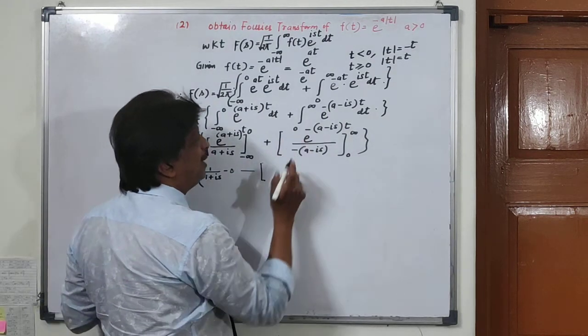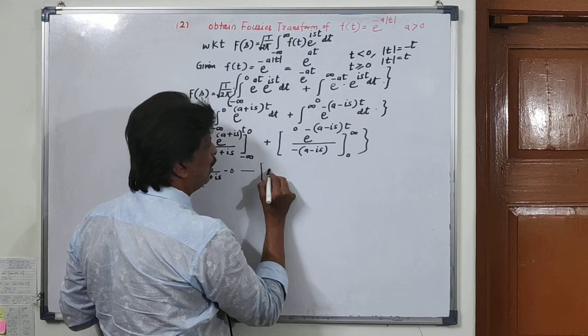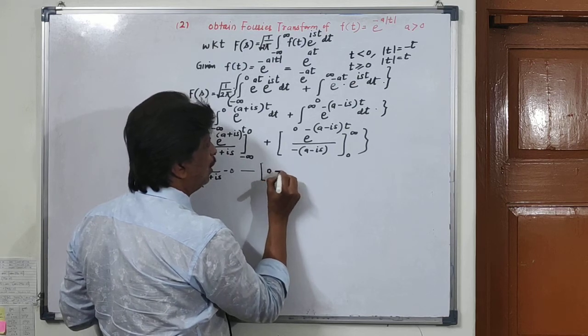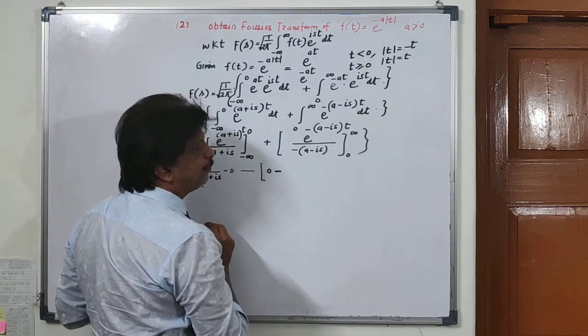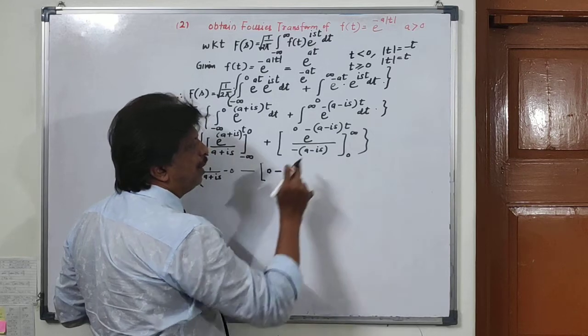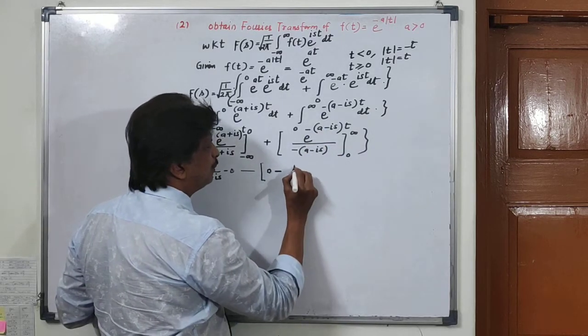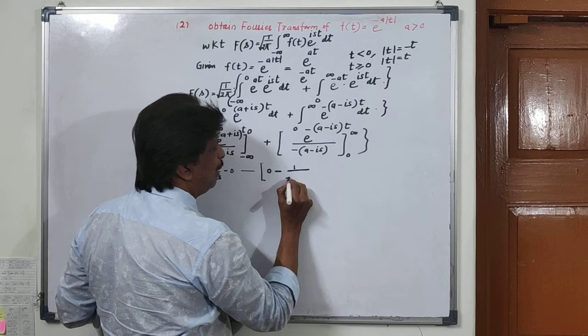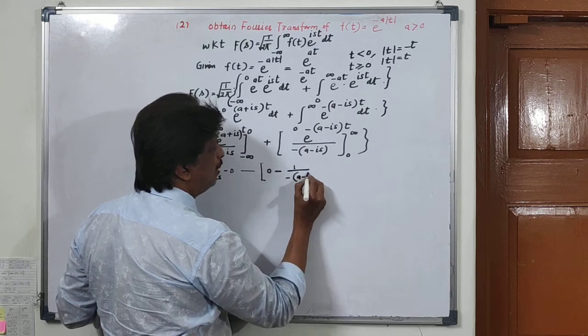Again e to the power minus infinity is 0 for the upper limit, and e to the power 0 is 1 for the lower limit, giving 1 upon minus a minus is.